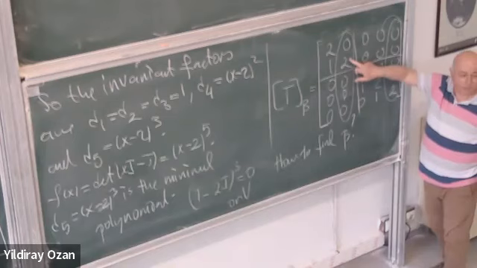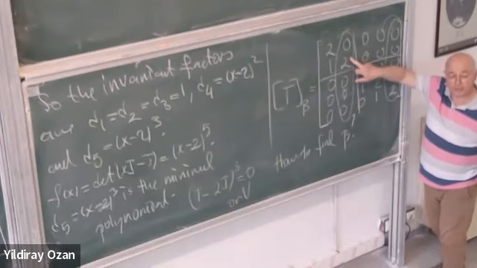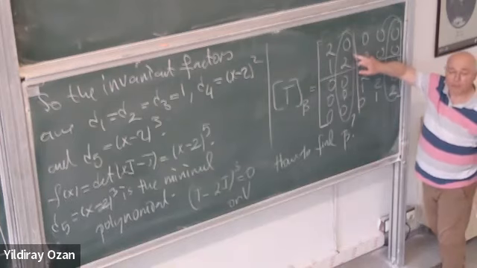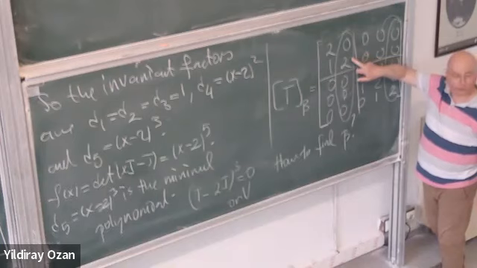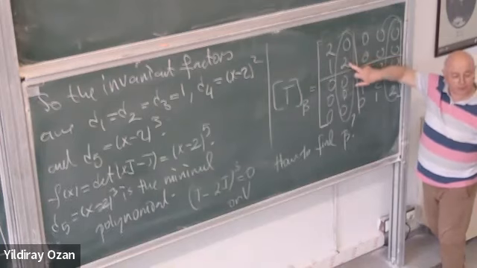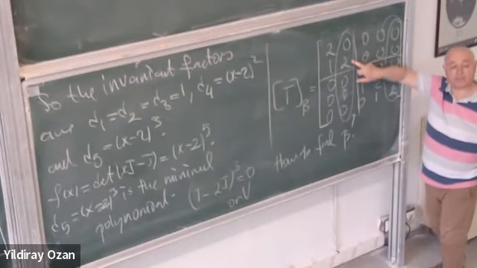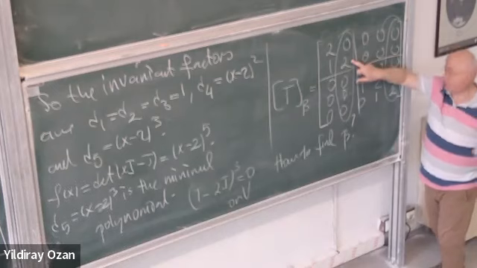This corresponds to the second basis element, and when you apply your operator to the second basis element, you get 2 times your second basis element, and that's it. Therefore, your second basis element is an eigenvector.